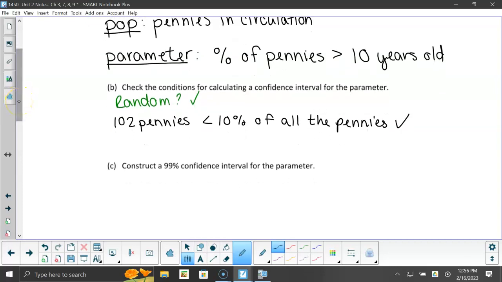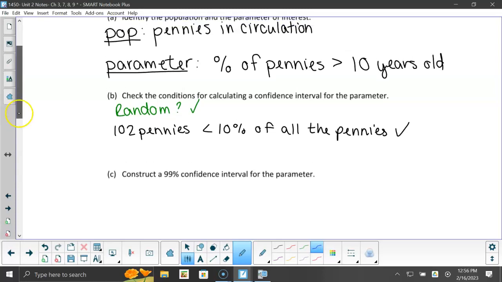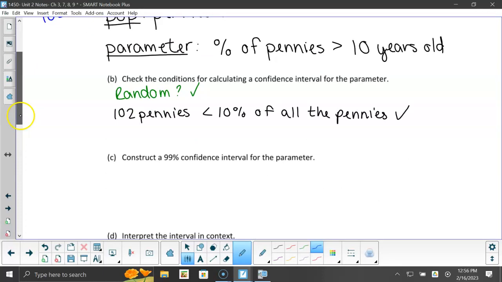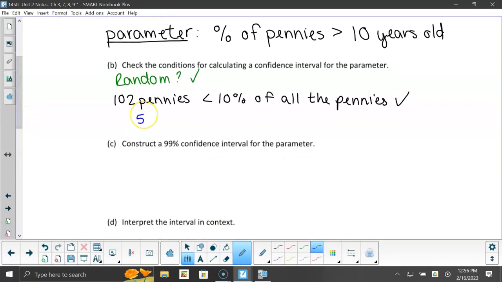Now, our last check is going to be n times p, and then n times 1 minus p, and I've got to check those. Did you notice that they did not actually give you a percentage on this? They gave you 57 out of 102. So I've got 57 over 102.